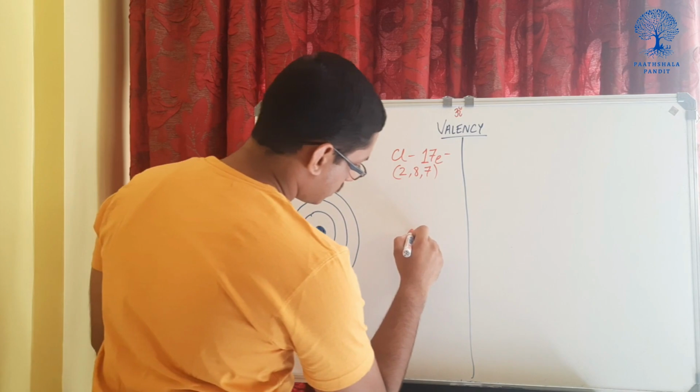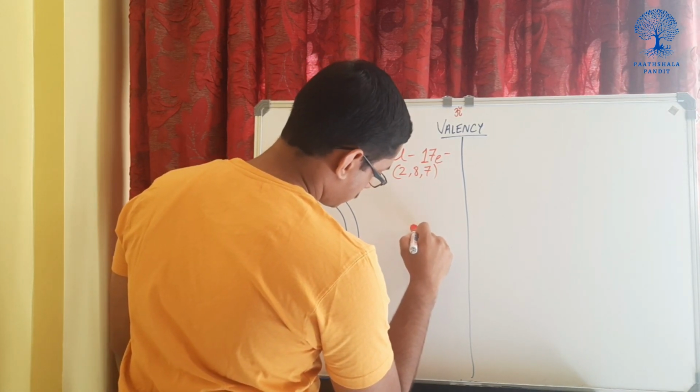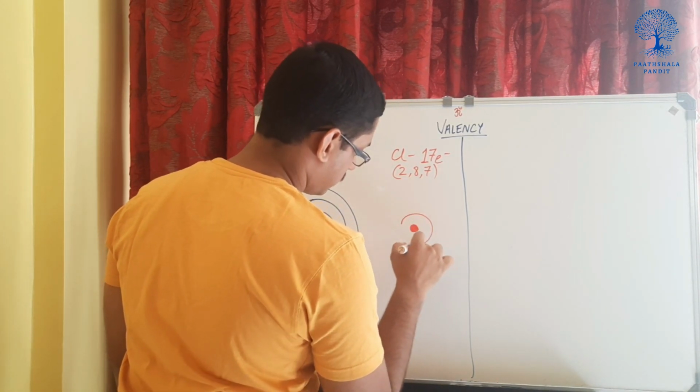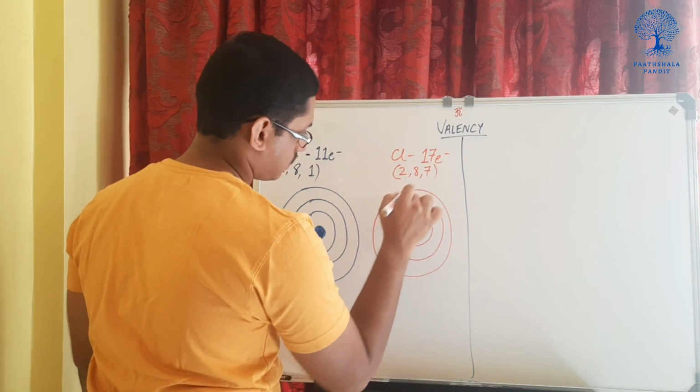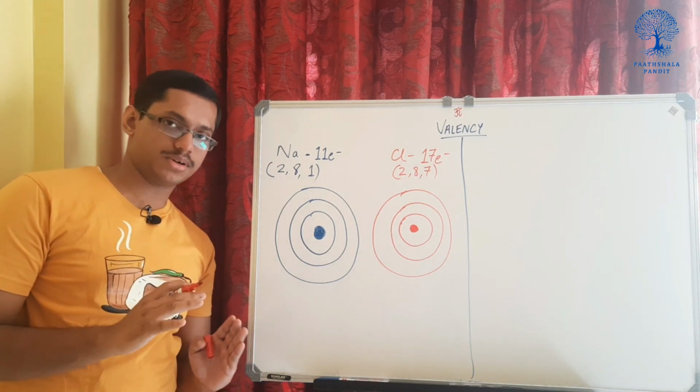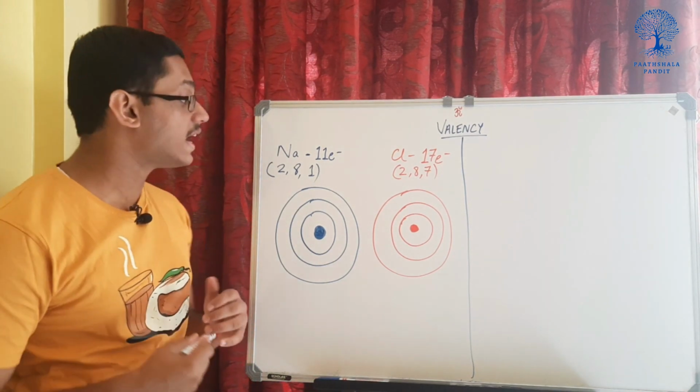Now let's draw it. This is the nucleus, this is the first orbit, this is the second orbit, this is the third orbit. Now let's draw the electrons.